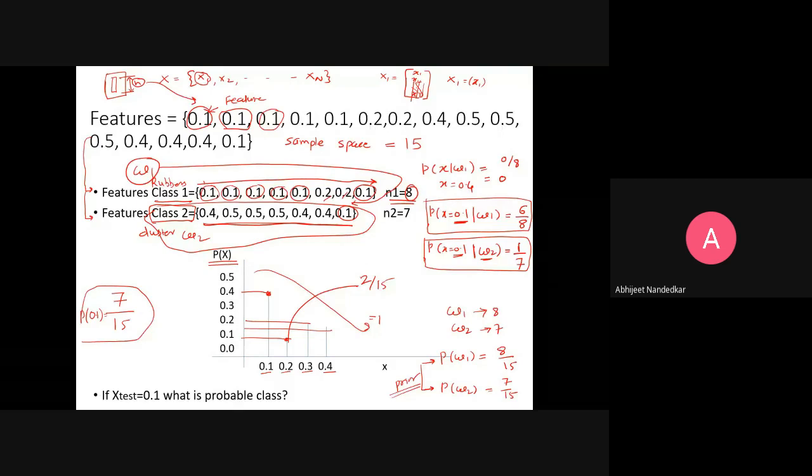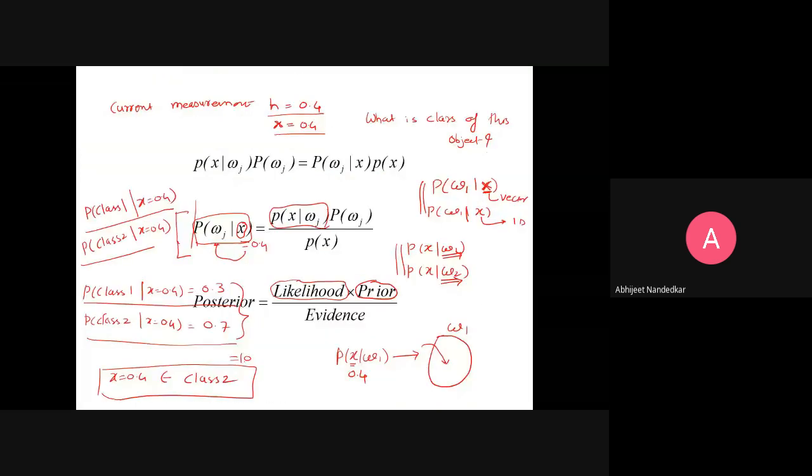So we have now seen 3 or 4 terms. One is the posterior. Posterior stands for the prediction. Likelihood stands for probabilities within the domain. Prior stands for the prior information about the classes.